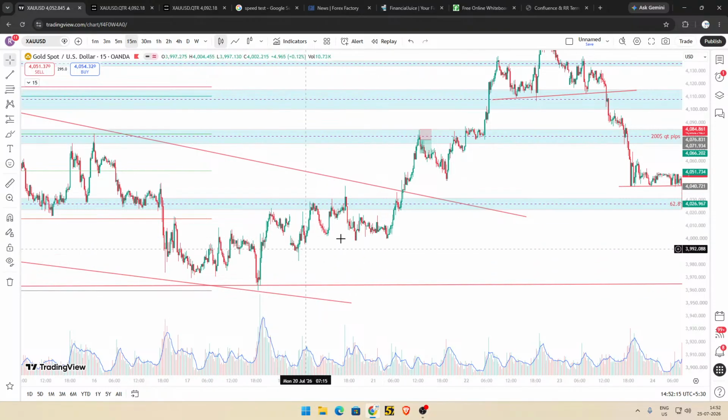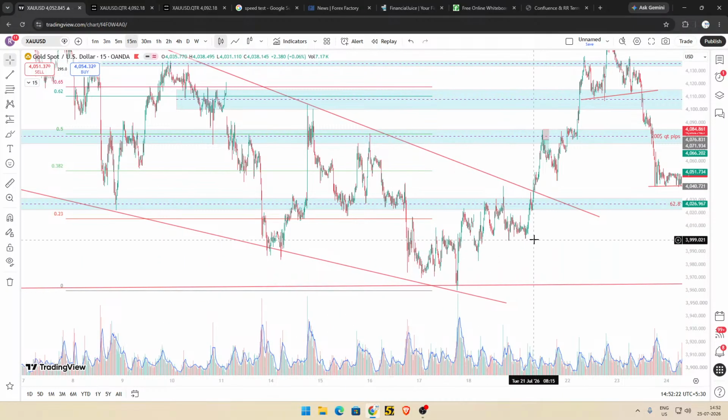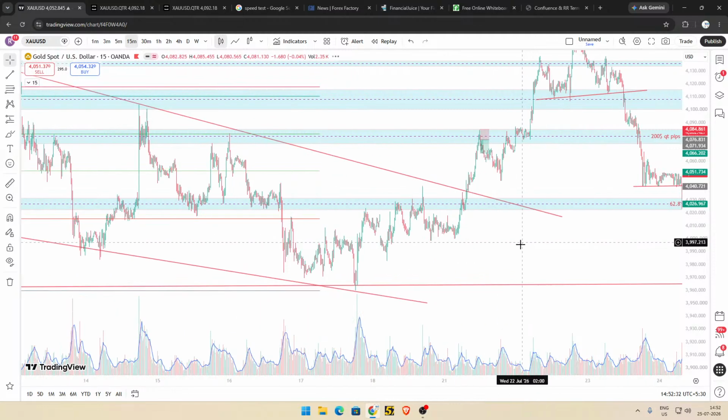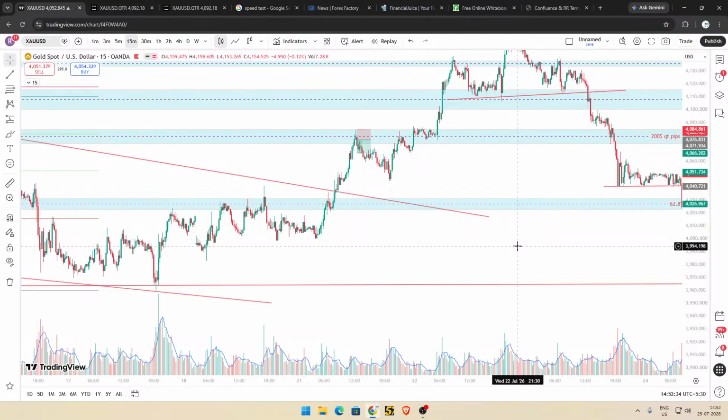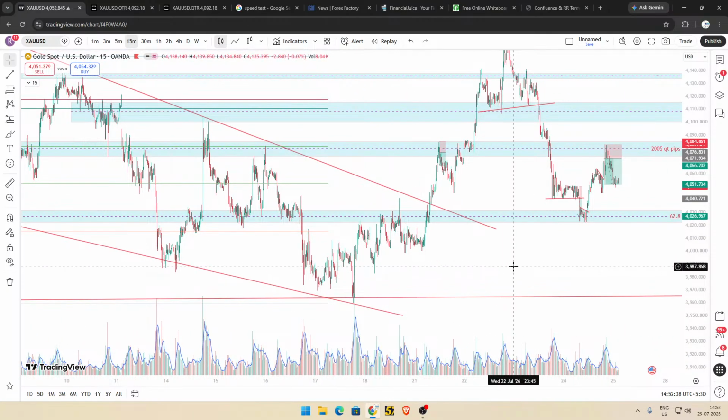It came, invited the sellers, then it went up, because here most probably the high probability was that it will fall. So many sellers entered, it trapped them, and then it went up. So everything was okay. So how many trades?